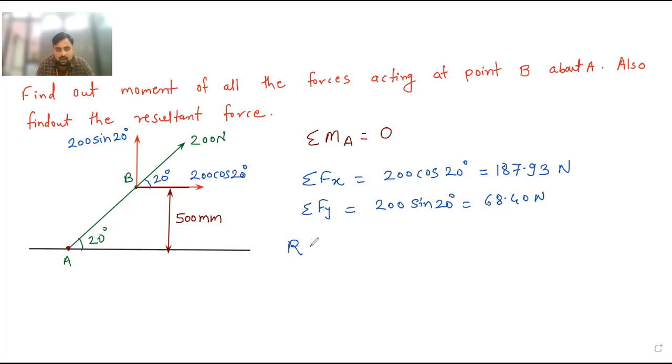Now resultant R is equal to under root summation Fx square plus summation Fy square. So just put the values.